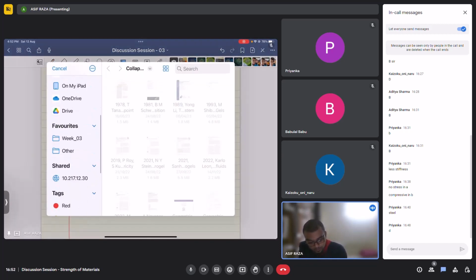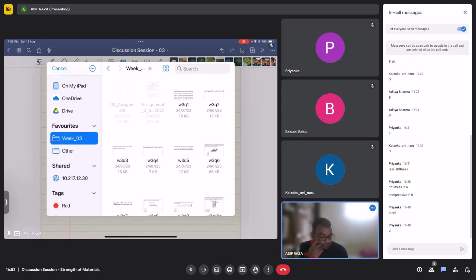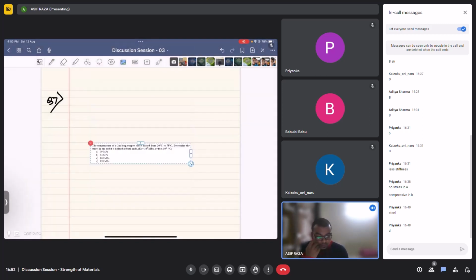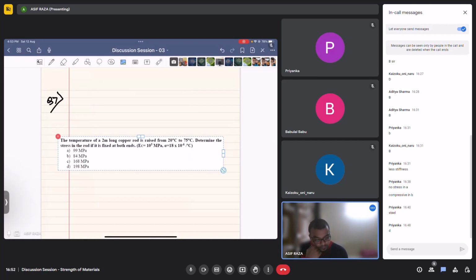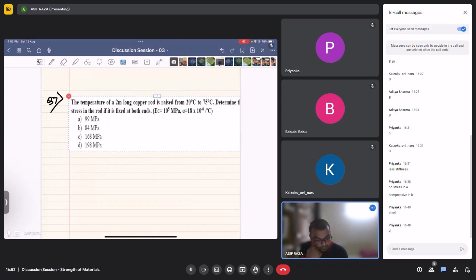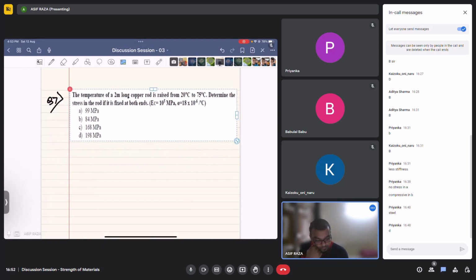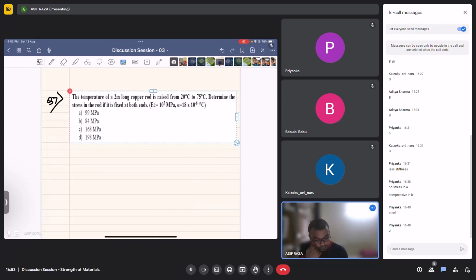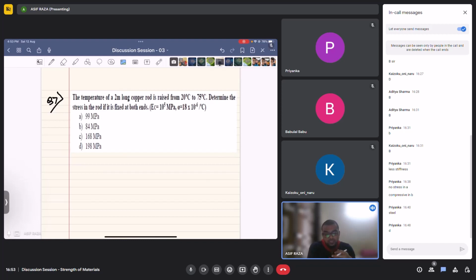Question number 7. The temperature of a 2-meter long copper rod is raised from 20 degrees Celsius to 75 degrees Celsius.